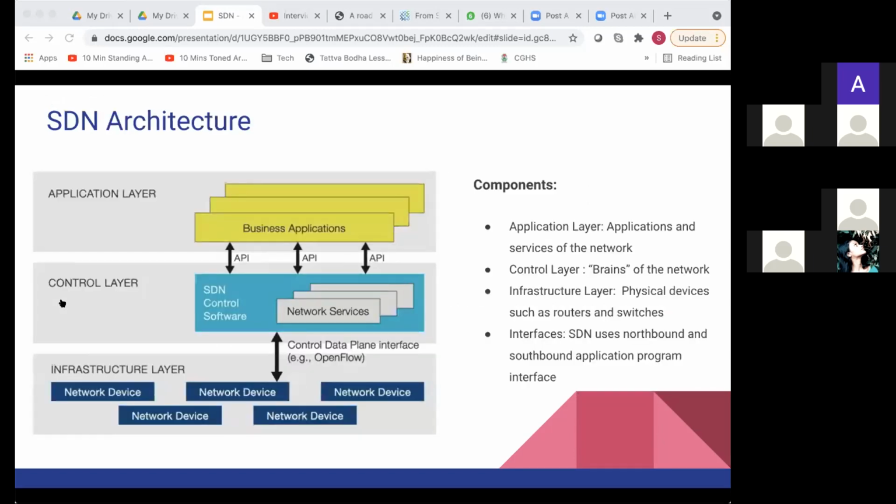So that brings us to the three layers of the SDN. The infrastructure is where the network devices are, and the control layer is where the brains of the network reside. There are three components: the control program, the network operating system, and the routing protocols and so on.